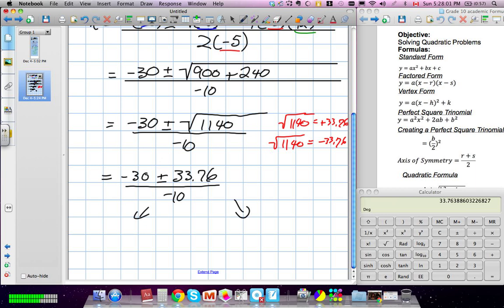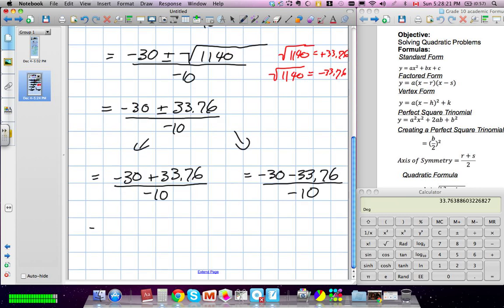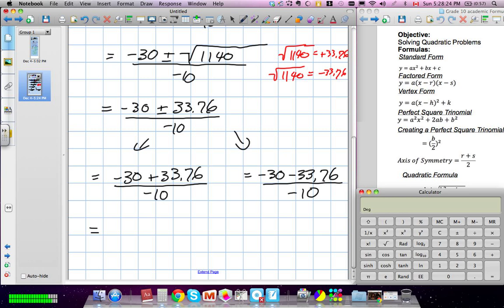Yeah. It was a long question so far. So we have negative 30 plus 33.76 divided by negative 10. And our other option was negative 30 minus 33.76 divided by negative 10. Okay, so let's figure this out. Negative 30 plus 33.76 divided by negative 10.